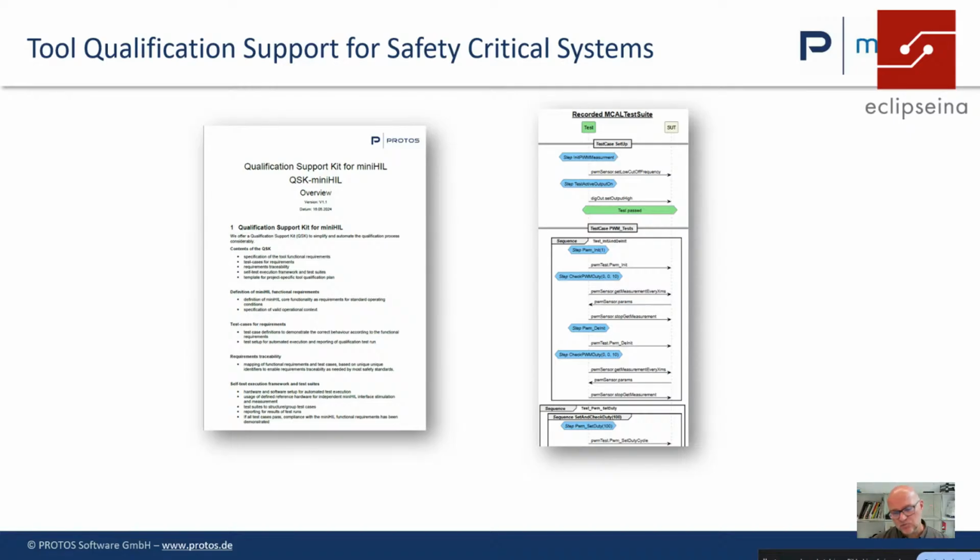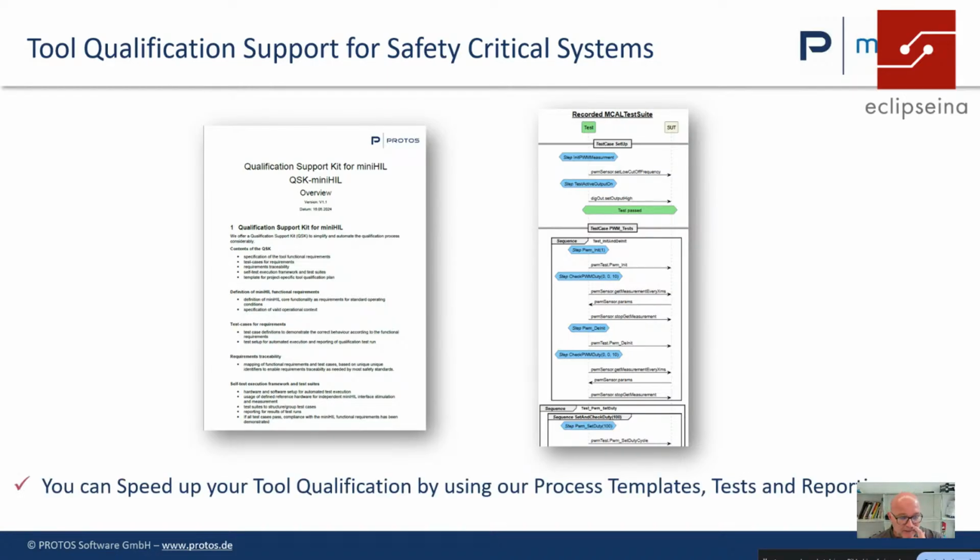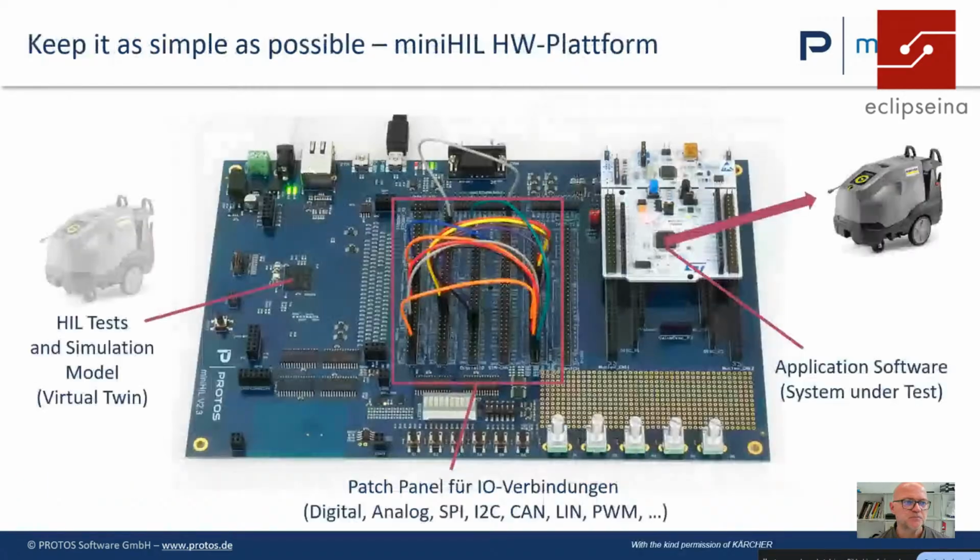But you can add your own tests to our standard qualification kit to fill the gaps. And of course, we help you to do that. That's a very fast way in comparison to doing 100% on your own. By doing that, you can speed up the tool qualification with our process templates, tests and reporting. Usually, you always need to adapt this to your process a little bit.